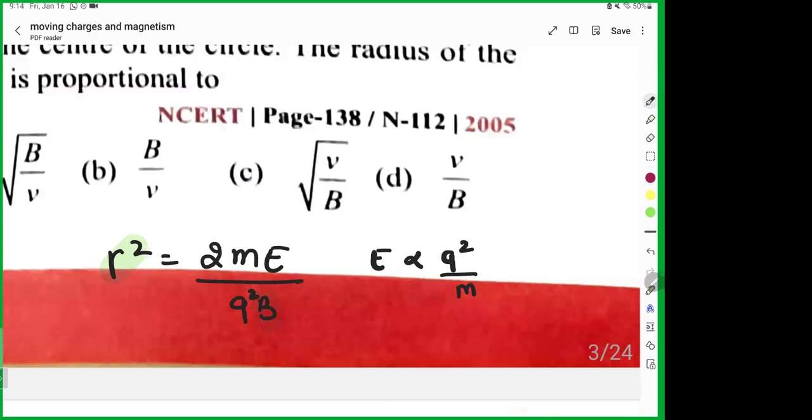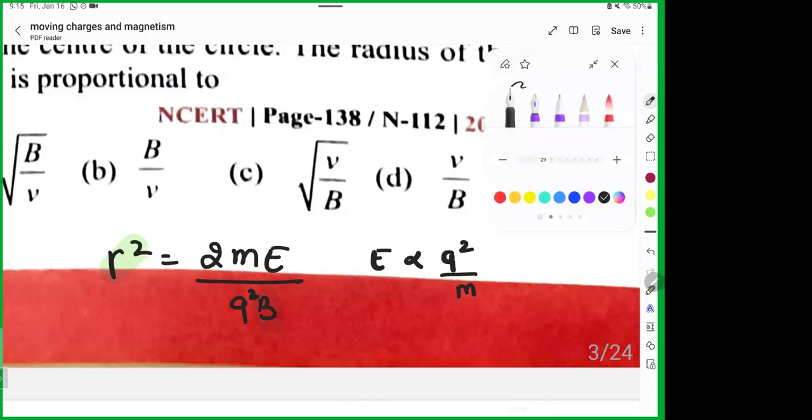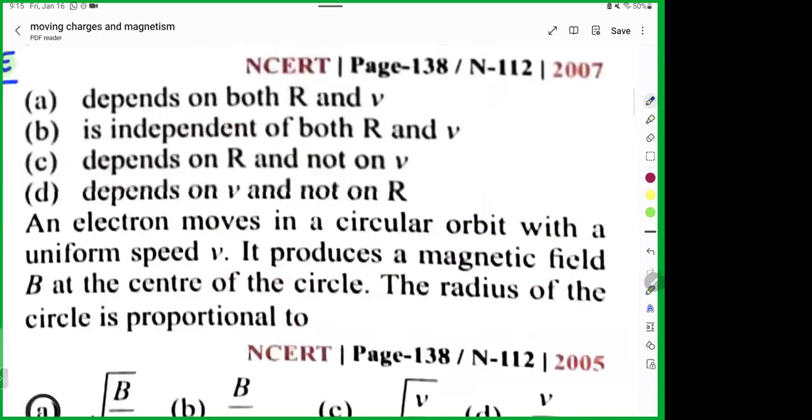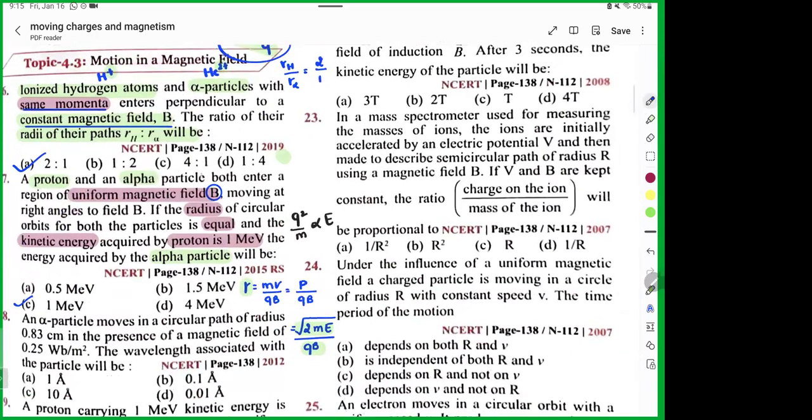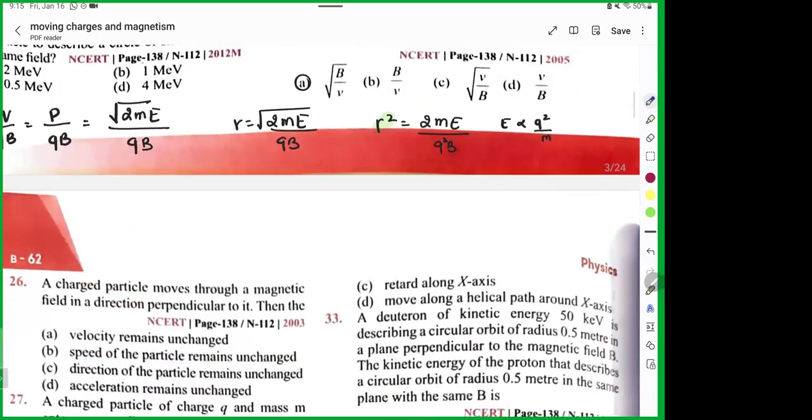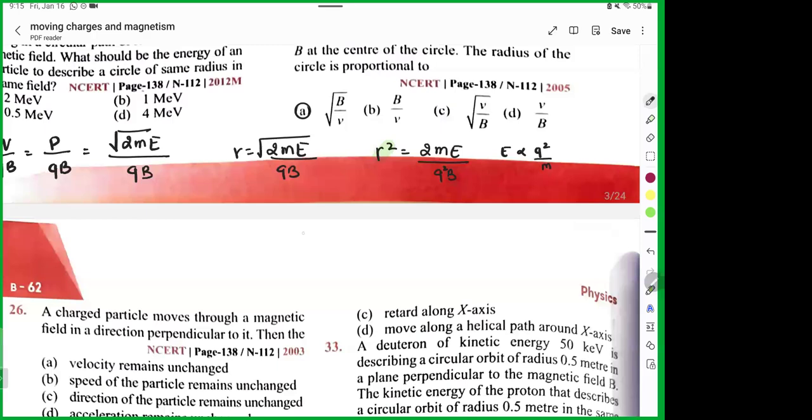Now you have to see what the charge is in case of proton and in case of alpha particle. In case of alpha particle, charge is double and mass is 4 times. So what are they asking? E alpha by E hydrogen.